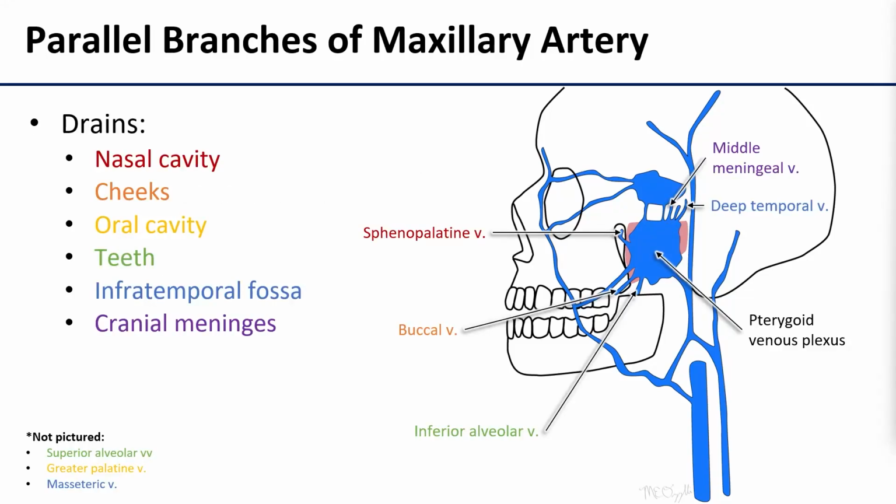All right, so onward and upward into parallel maxillary artery drainage. All right, the pterygoid plexus drains the nasal cavity via the sphenopalatine vein.